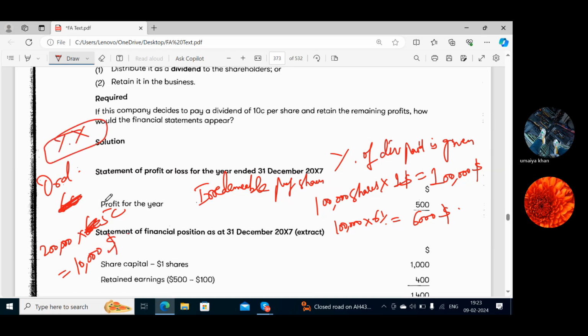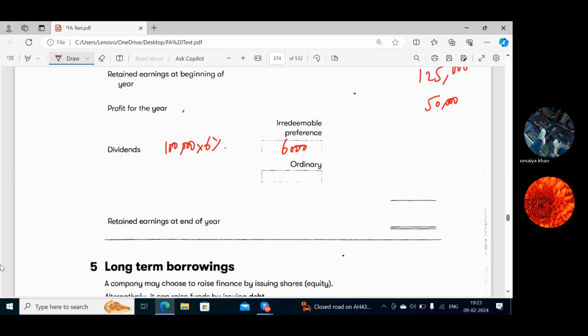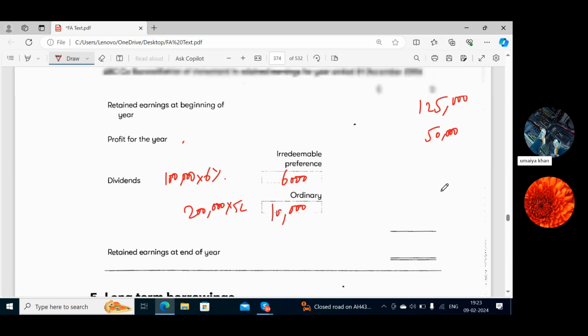Here directly they have given per share how many cents will be the dividends. Here percentage is given. So we need to find out the capital and apply the percentage there. So ordinary dividends, 200,000 into 5 cents happens to be $10,000. Okay. So the total dividend is $16,000.